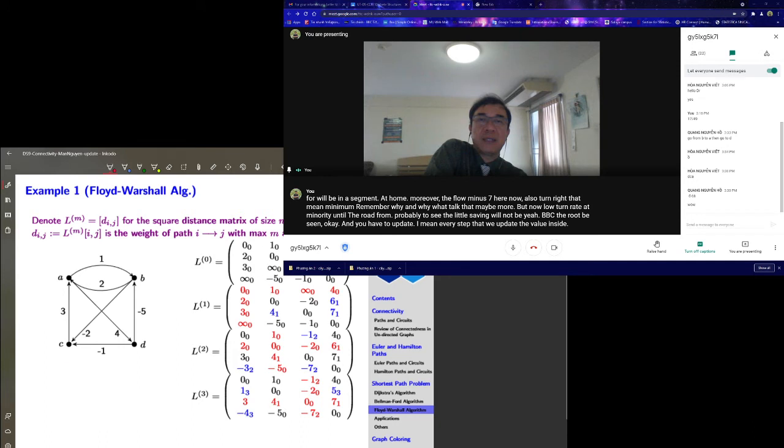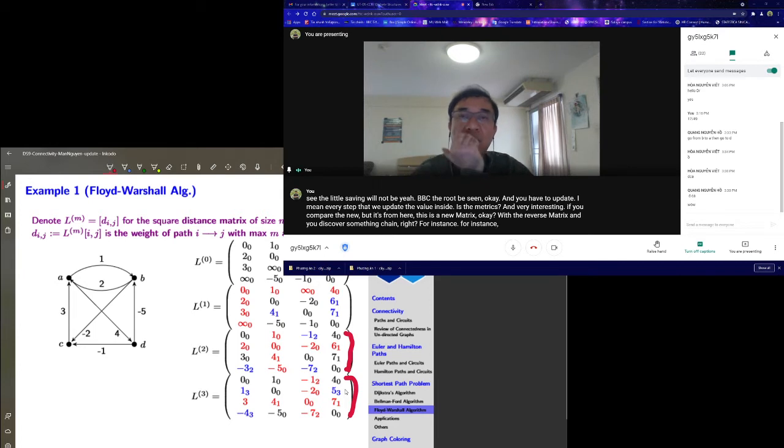And very interesting, if you compare the new matrix here with the previous matrix, you discover something changed, right? For instance, I would like to point out an interesting phenomenon here, which is number 6.